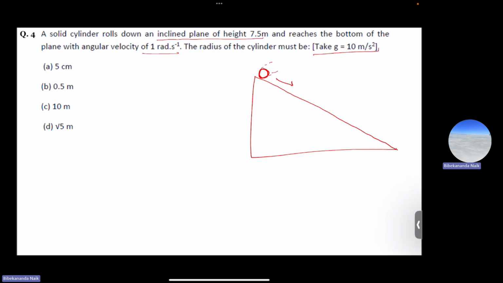It is rolling down, and the height of the inclined plane is given as 7.5 meter, and when it reaches the bottom, its angular velocity omega becomes 1 radian per second. So we need to find out the radius of the cylinder.